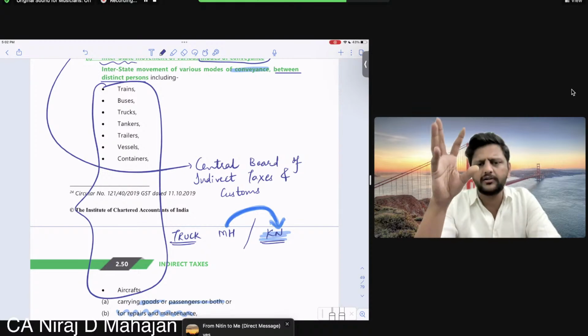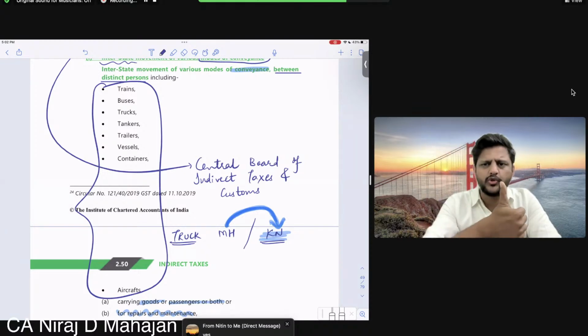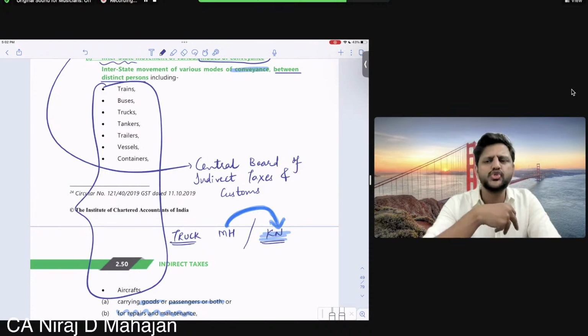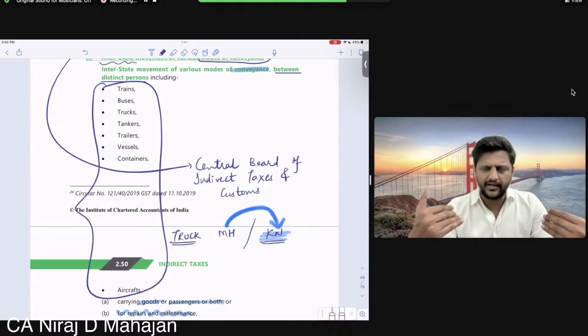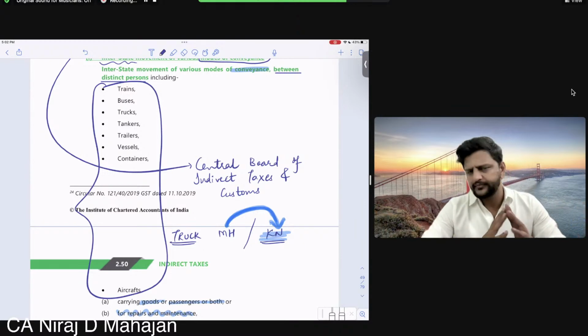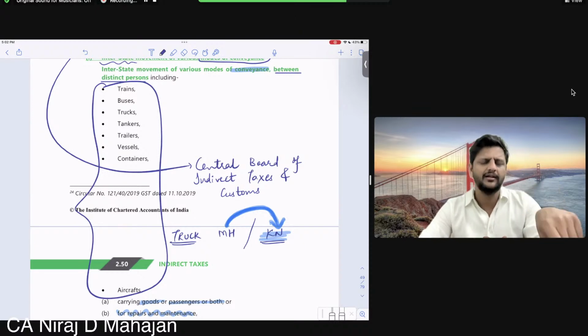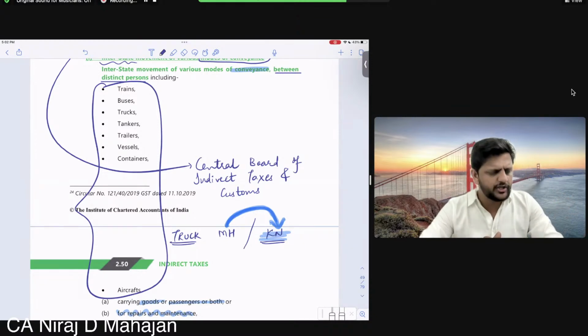There is a sale of a truck example. What is a truck used for? Transportation. Truck is mainly used for transportation of goods. So the truck is sold, and there is an interstate movement, obviously. Then GST was applicable. But when these vehicles are moving interstate for the purpose of transportation of goods or transportation of passengers, did you understand?